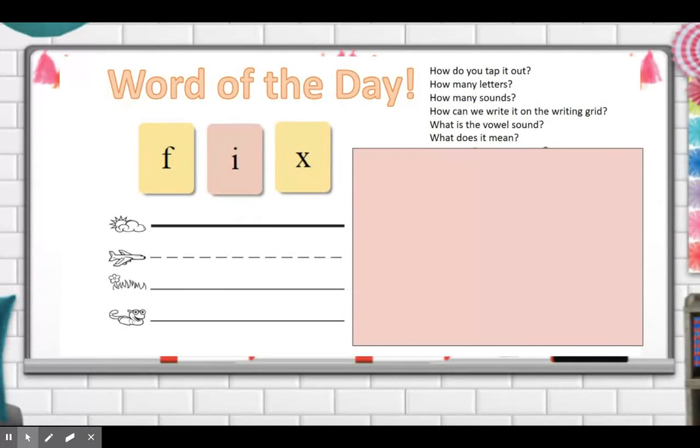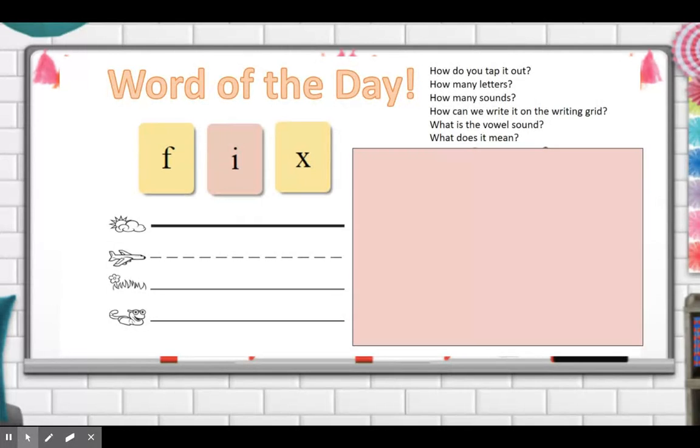So today's word is fix. How do you tap out fix? Good, so you should be tapping your pointer finger to your thumb to sound out f, then your middle finger to your thumb to say i, and your ring finger to your thumb to say x. F, i, x. How many letters does the word fix have?